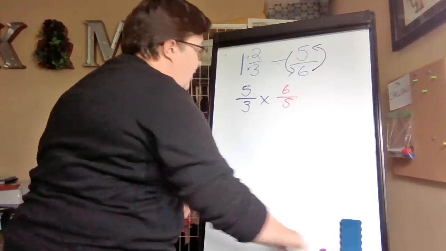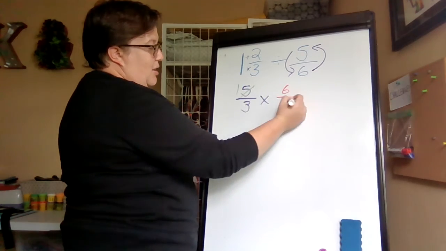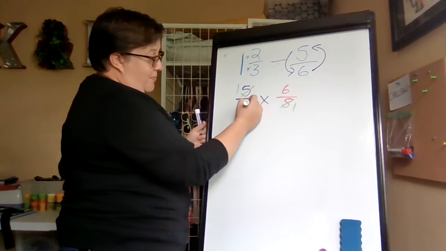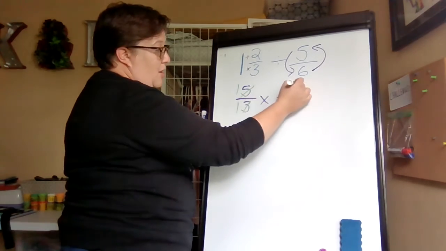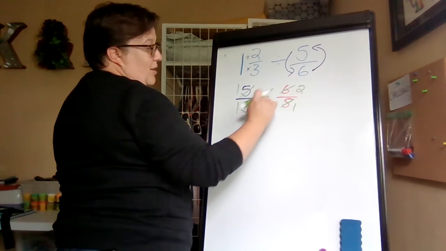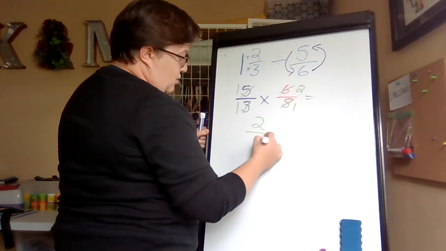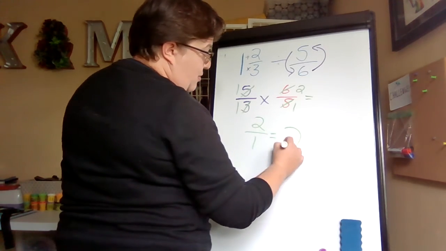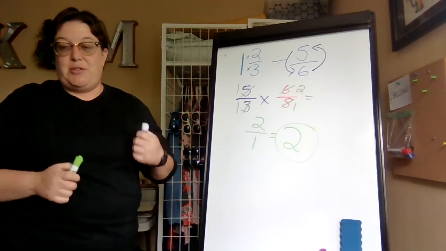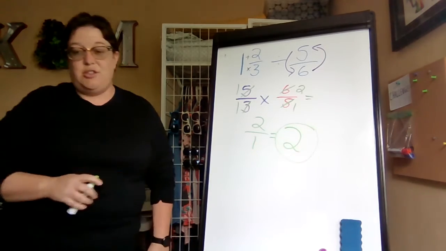Make it easy, don't do it later. 5 and 5 can be simplified. 5 goes into 5 once, 5 goes into 5 once. 3 and 6 can be simplified by 3. 3 goes into 3 once, 3 goes into 6 twice. Now we have 1/1 times 2/1, which gives us 2/1, which simplifies down to 2. All right, so 1 2/3 divided by 5/6 gives us 2.